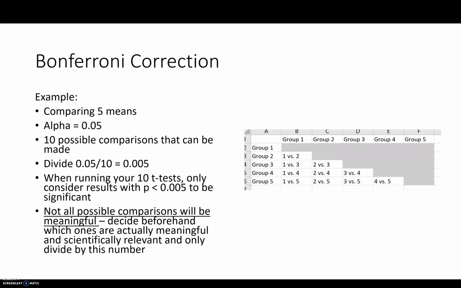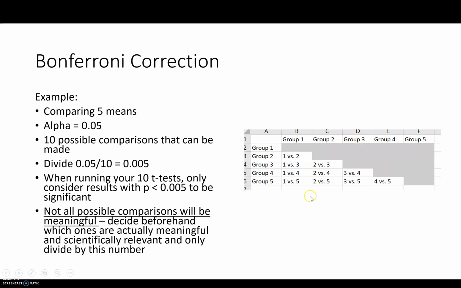Here's an example in which you're comparing 5 different means. Let's look at all the possible comparisons that can be made. I think it's helpful to make a little table like this in your Excel workbook just to make sure you've got all of these possible ones covered.